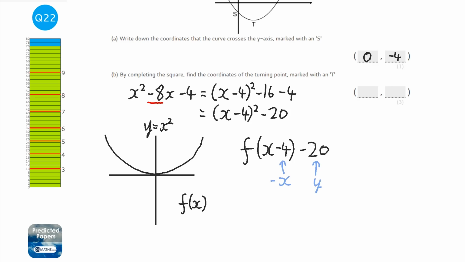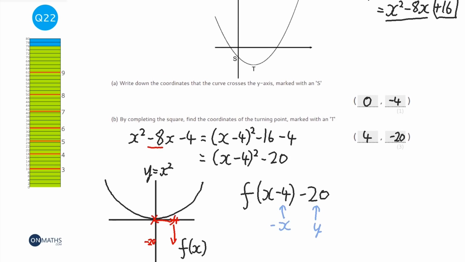The minimum point on y equals x squared is 0, 0. We're moving to the right 4, and then moving down 20, so it'd be minus 20. So the new point will be at 4, minus 20, and that's going to be the point T.